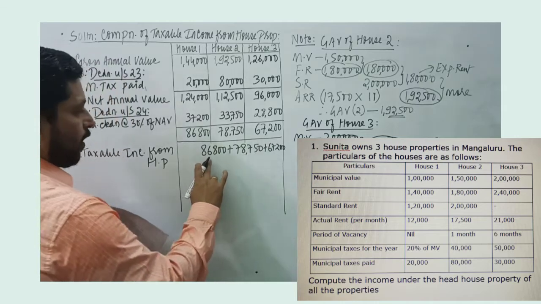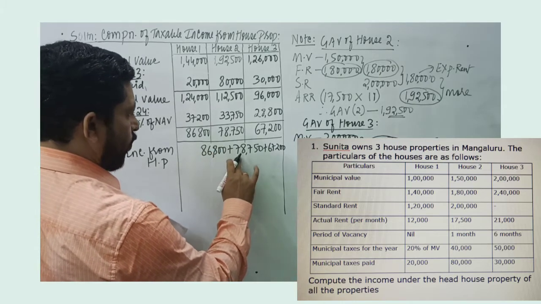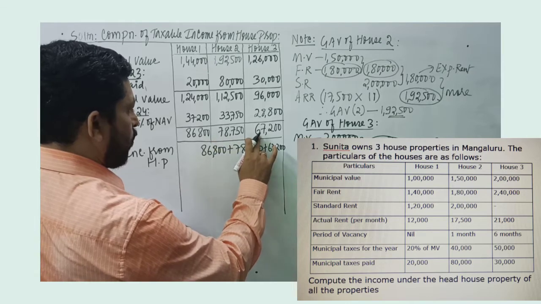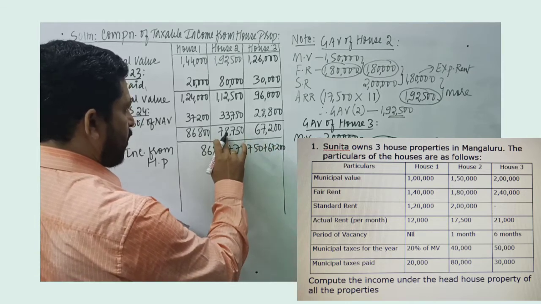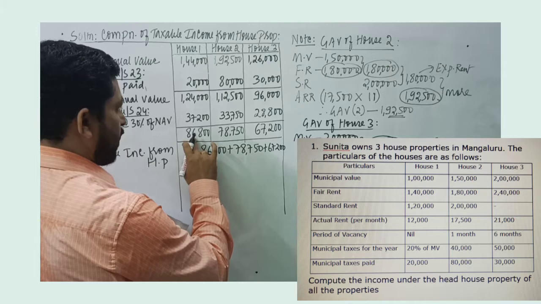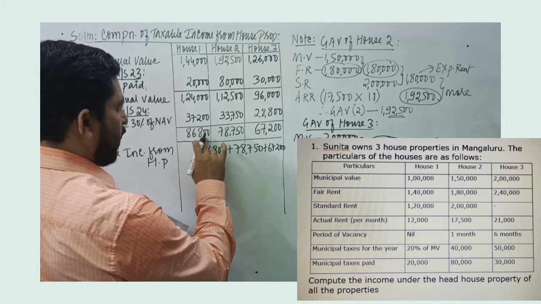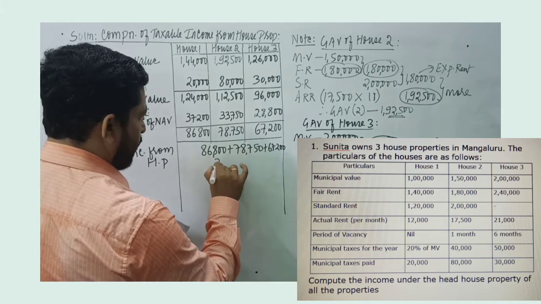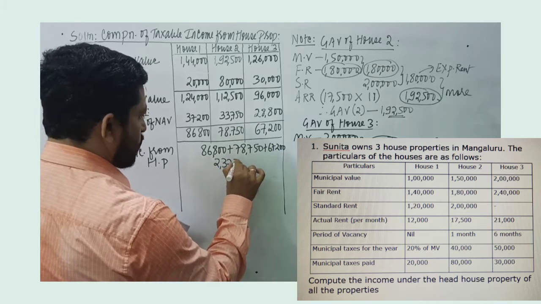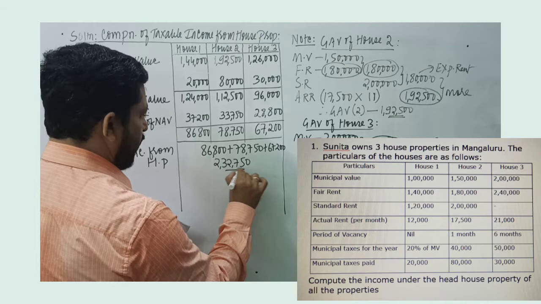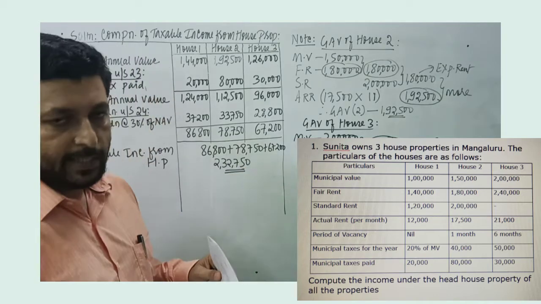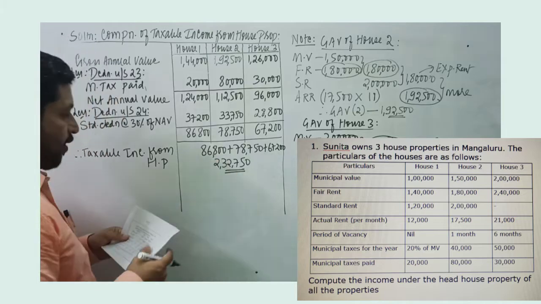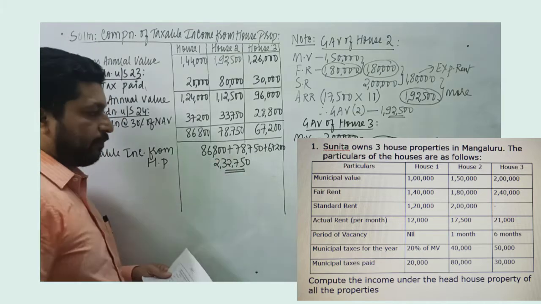So that number would be 2 lakh 32,750. That will be taxable income from house property. So this is about problem number 1.